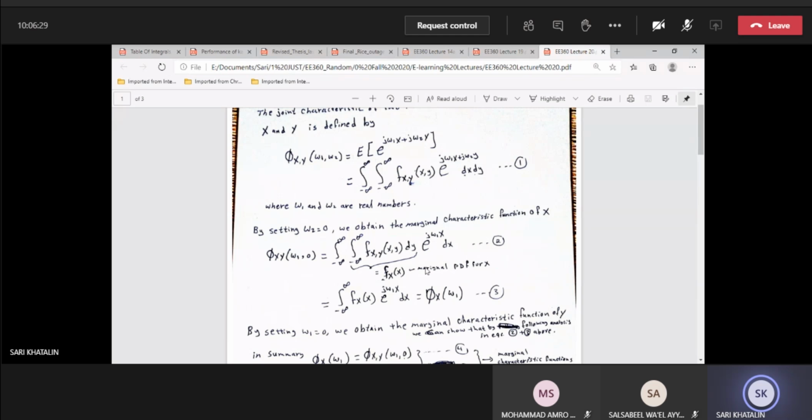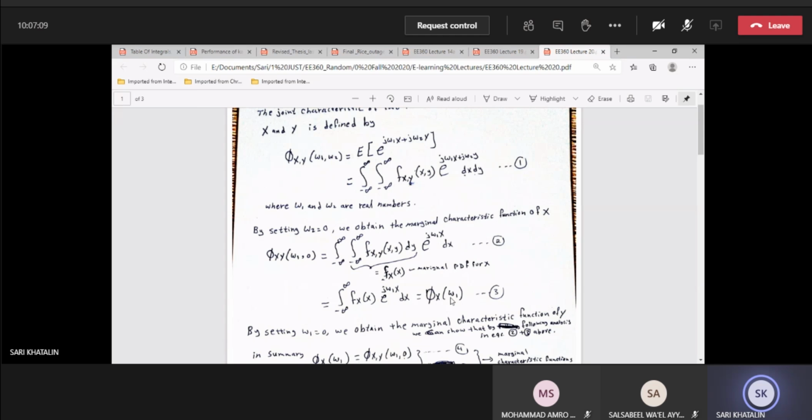And we'll end up with this integration, and the inner integration inside here, the integration of the joint PDF from minus infinity to infinity, as we learned in chapter 4, is equal to the marginal PDF for X, right? So after you replace this with the marginal PDF of X and you do the integration, as we learned in chapter 3, this will give us the marginal characteristic function of X.